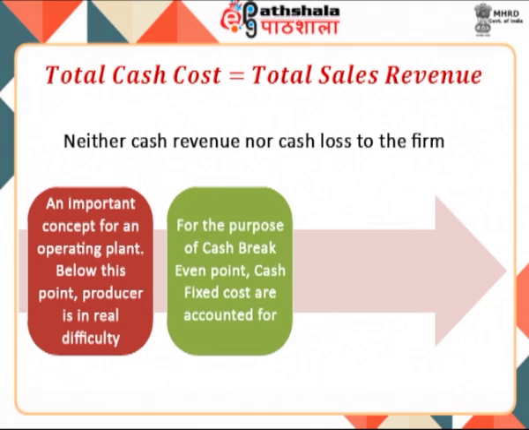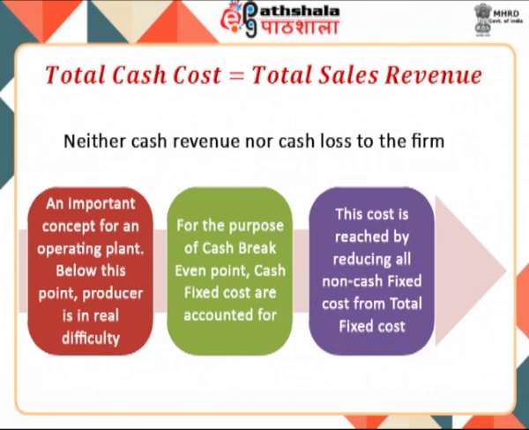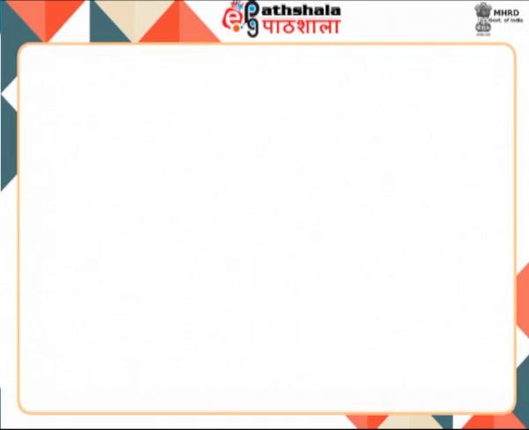For the purpose of cash break-even point, cash fixed costs are accounted for. This cost is reached by reducing all non-cash fixed cost from total fixed cost. The stepwise solution of the problem to calculate cash break-even point has three steps. Step 1.